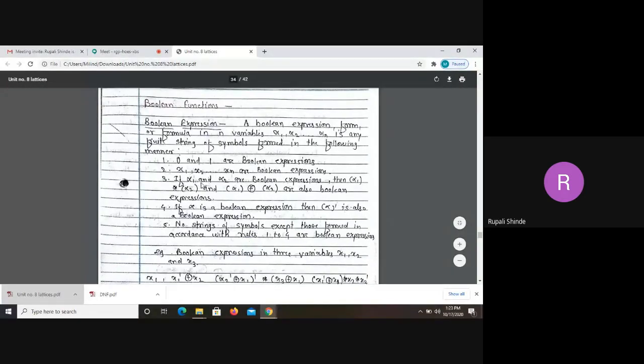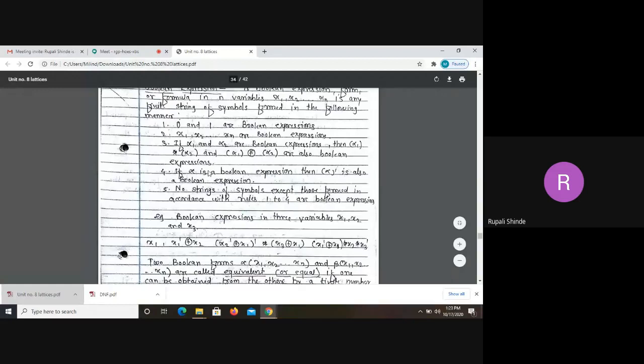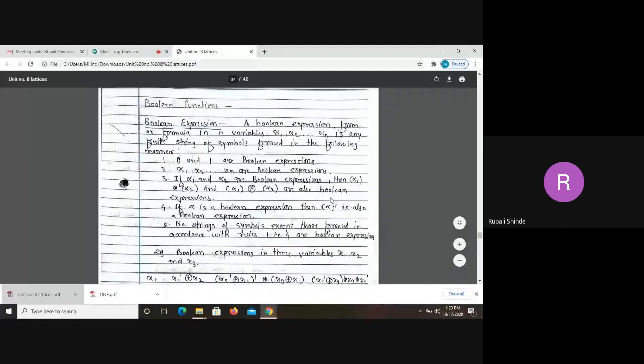If alpha 1 and alpha 2 are Boolean expressions, then alpha 1 star alpha 2 and alpha 1 XOR alpha 2 are also Boolean expressions. If alpha is a Boolean expression, then alpha complement is also a Boolean expression. And last, no strings of symbols except those formed in accordance with rules 1 to 4 are Boolean expressions.